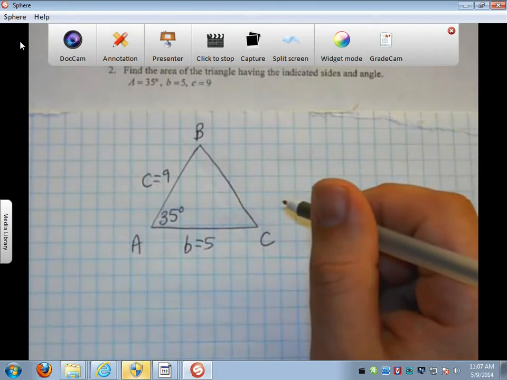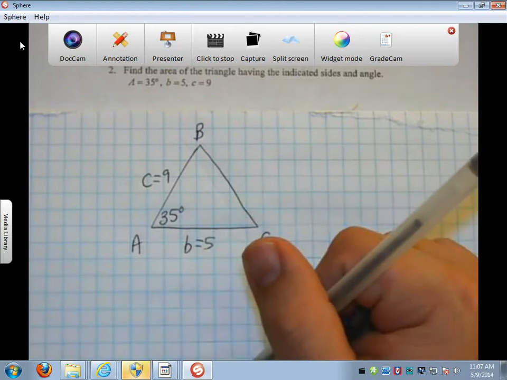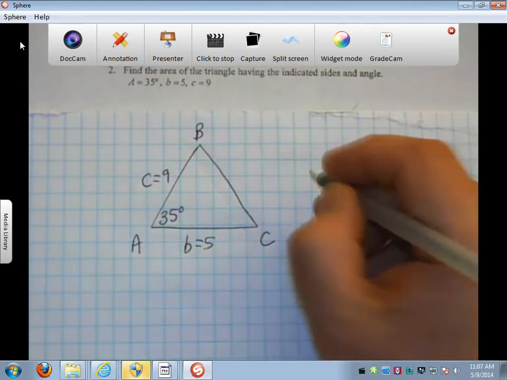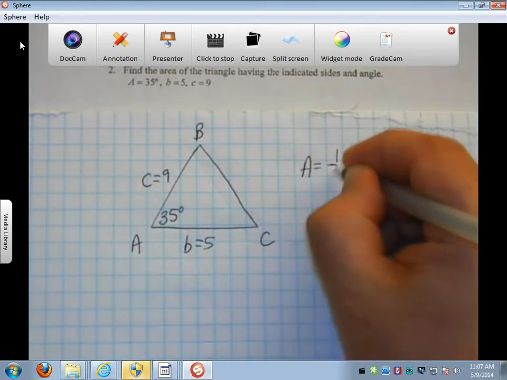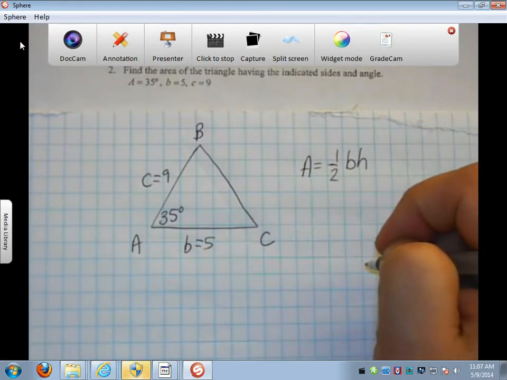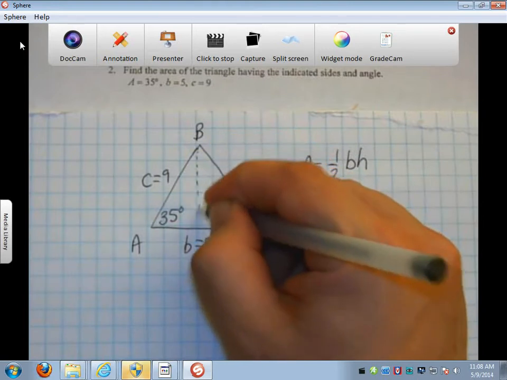Now, the book had some area formulas involving this side-angle-side case, and if you'd like to memorize those, you're more than welcome to. But I much prefer you just start with the formula you remember way back when, 1/2 base times height. So how would we find the height of that triangle?